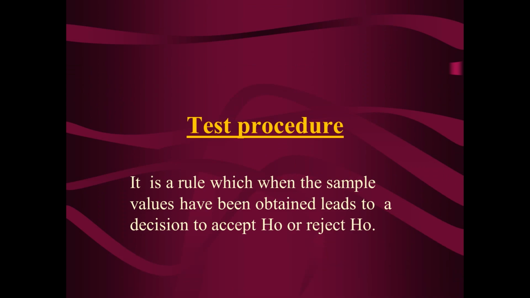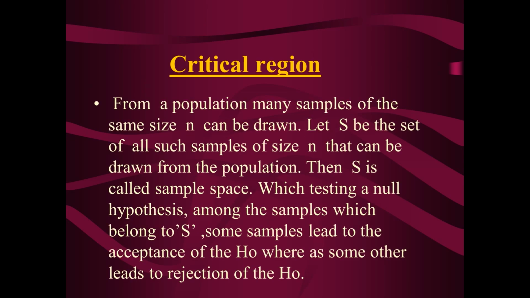Test procedure. It is a rule which, when the sample values have been obtained, leads to a decision to accept H0 or reject H0. From a population, many samples of size n can be drawn.